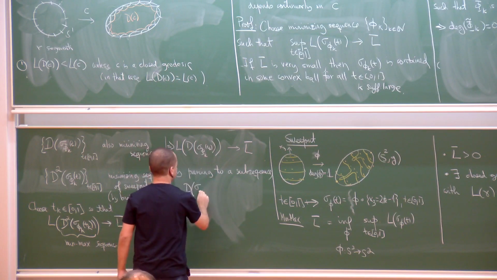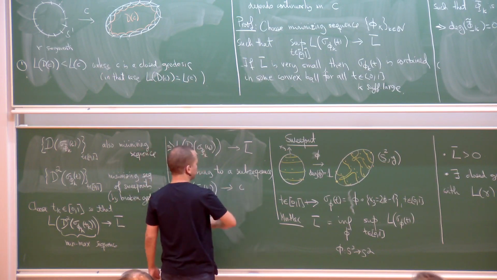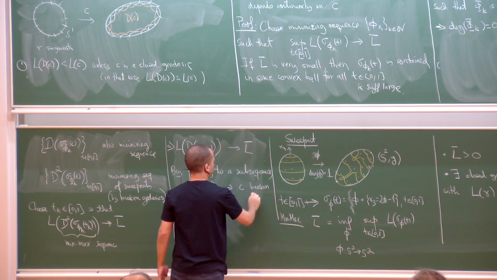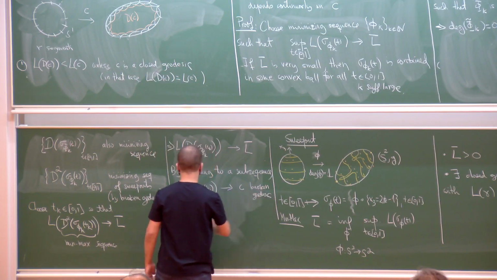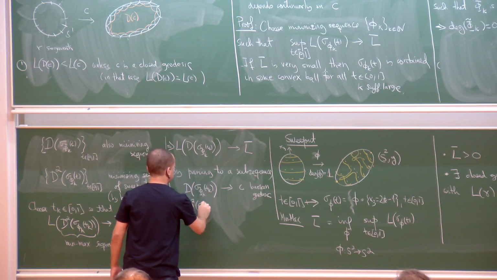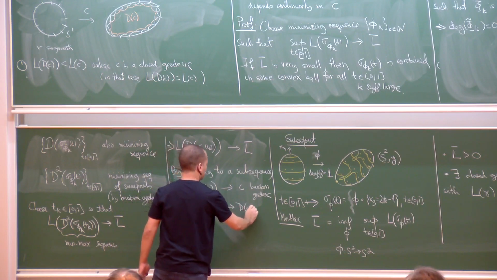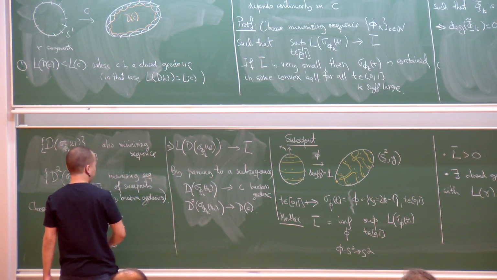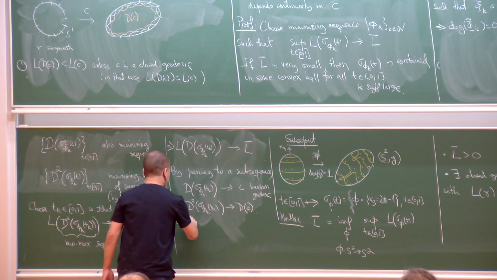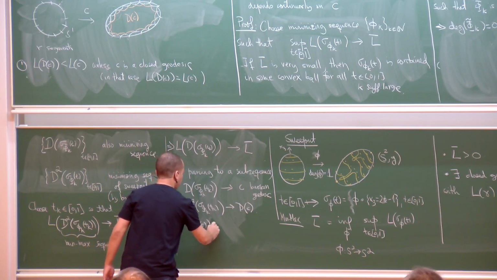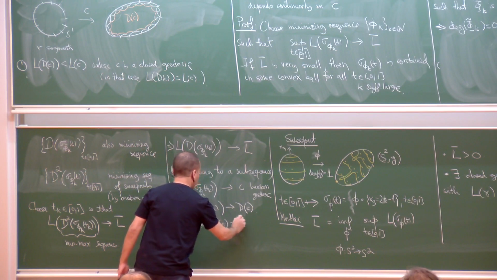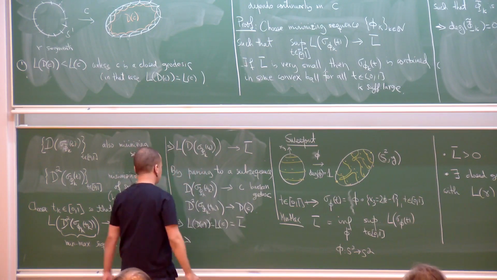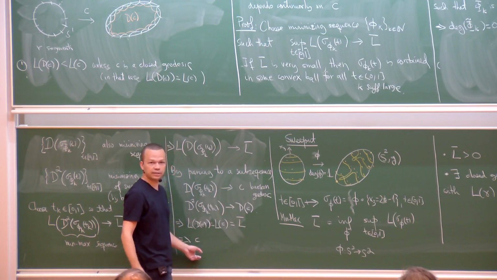These curves D sigma phi k of t_k are going to converge to some broken geodesic C. Now, of course, if I apply D once more, these converge to D of C. But I know that the lengths of both sequences of curves are converging to L bar, so this implies that the length of D of C is equal to the length of C, which is equal to L bar. But again, because D is a curve shortening, this implies that C is a closed geodesic.